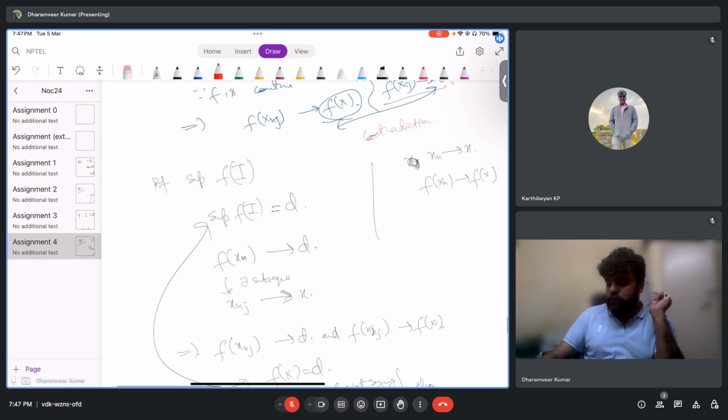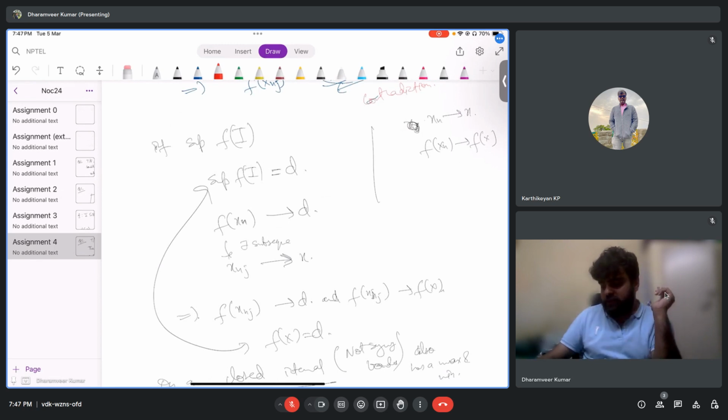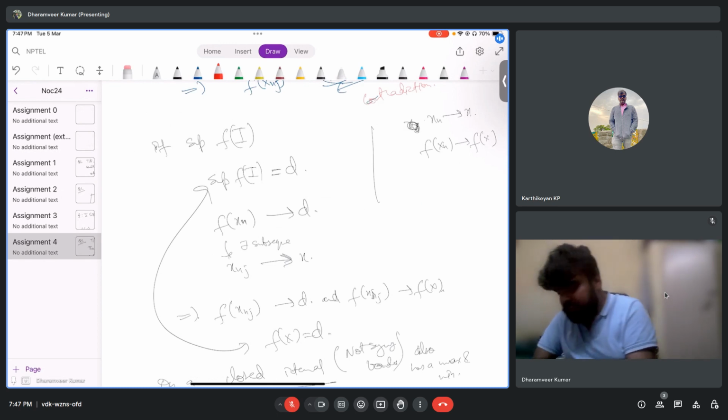Now let's call the supremum D. Again, the same logic: for f of xn, we can always find a sequence which goes to D. It's a supremum, right? You understand the definition of supremum?